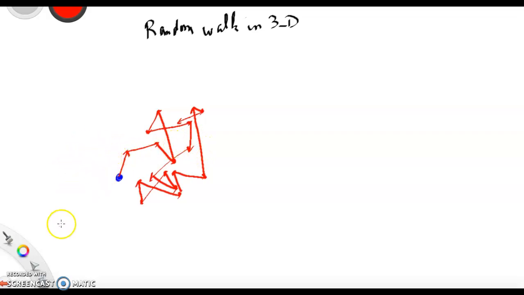So we're going to call these displacements vectors small d, and I'm going to call this one d1, d2, etc. In other words, I'm going to think about doing n steps, and I'm taking n to be very large, of the order of the number of molecules, if you like.